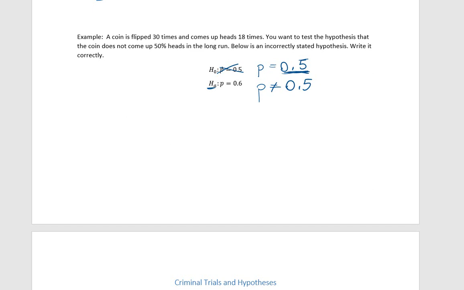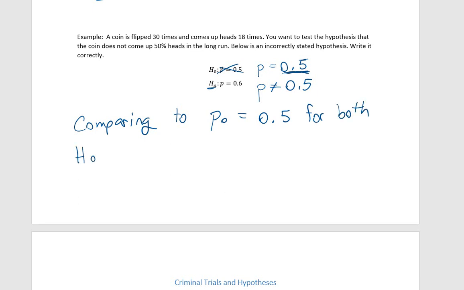Now, one of the big things is that we are always comparing to p naught, which should always be 0.5 for both H naught and Ha.